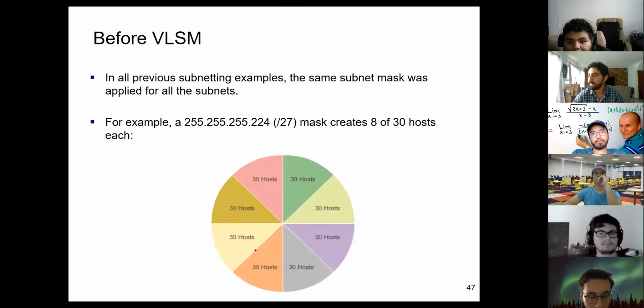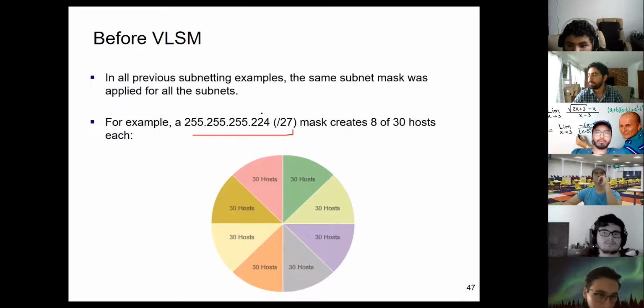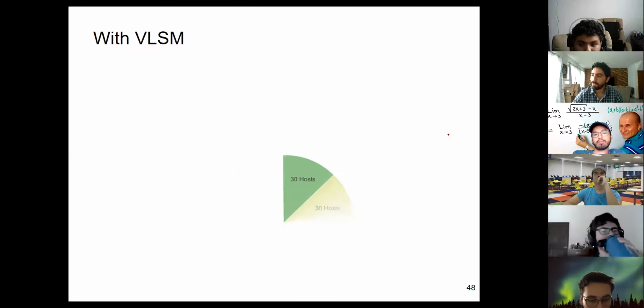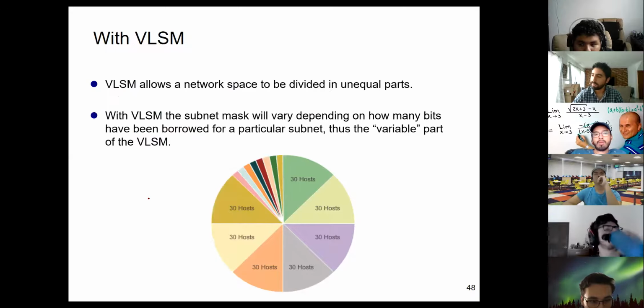So this is the previous structure. You have 3 bits. You decided to go with this subnetting. You pick 3 bits, and then you have 8 subnets of 30 hosts each, right? So why don't we do this? We can use this type of structure.